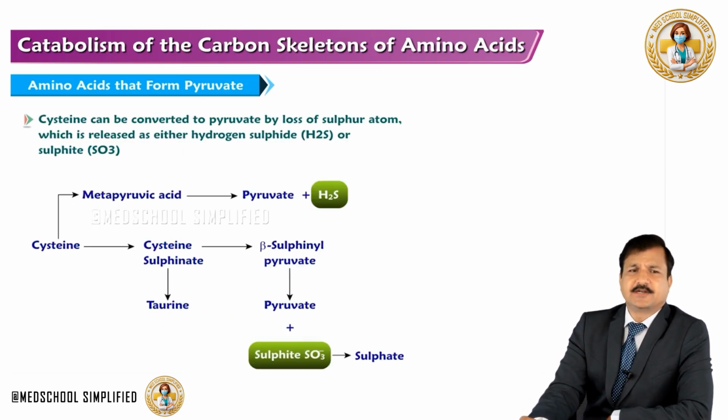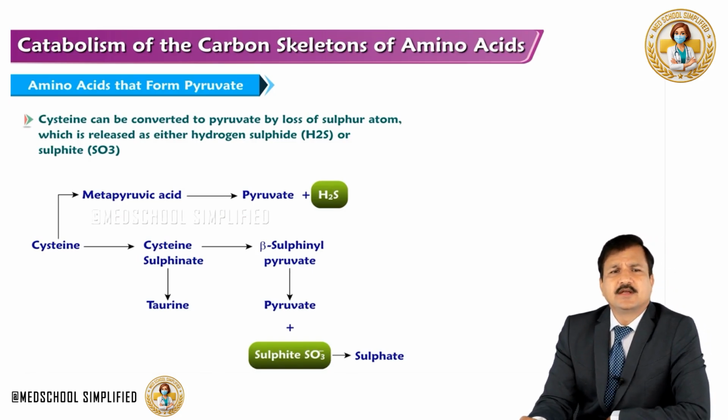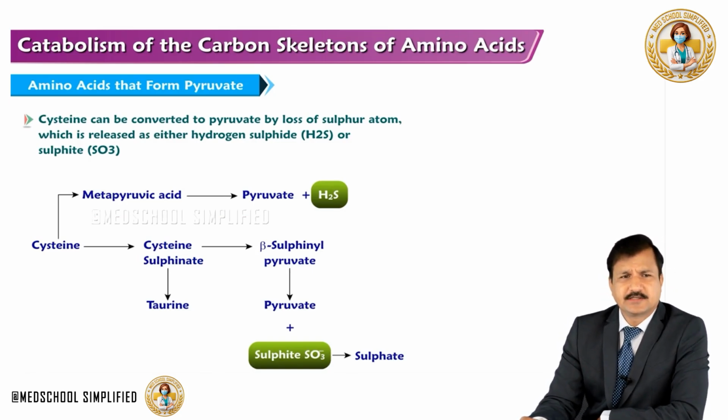Now coming to cysteine. How is cysteine converted to pyruvate? Cysteine can be converted to pyruvate by loss of the sulfur atom, because cysteine is a sulfur-containing amino acid.